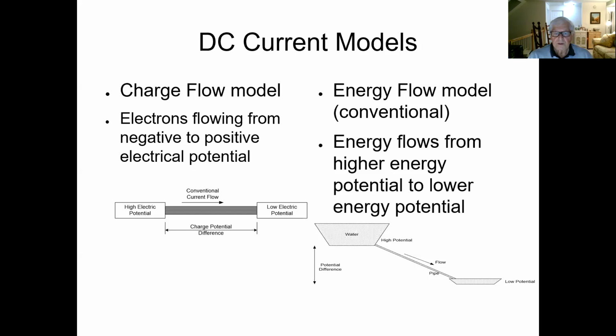So as shown here, you can think of it as water being the electrons that are flowing through a pipe, which is the conductor, from a reservoir, a battery reservoir essentially, that holds all the charge, to ground, which is the low potential. And the flow is from the high to the low.